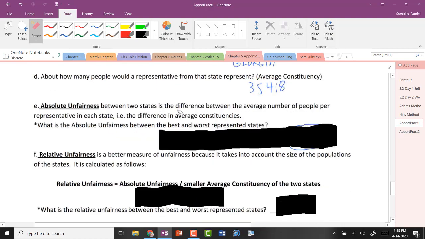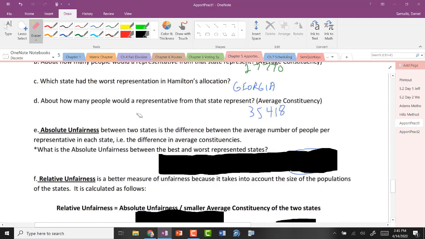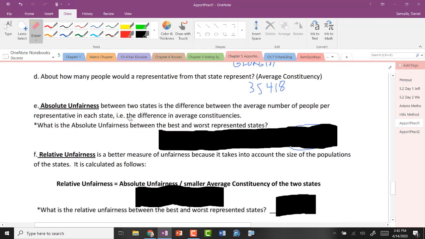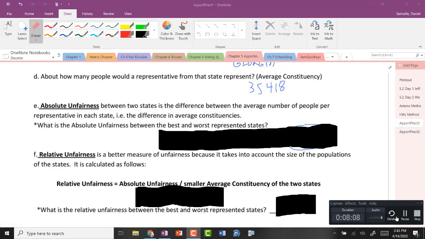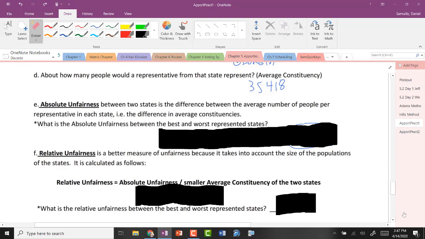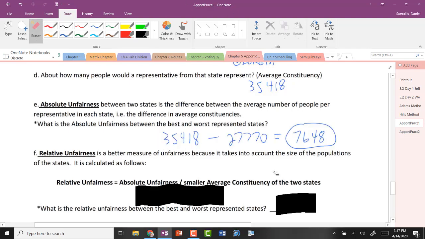Okay, and then all we have to do is read this and recalculate this if you got these wrong initially: what the absolute unfairness would be between these ranges. That comes from subtracting the smallest from the biggest, the overrepresentation.